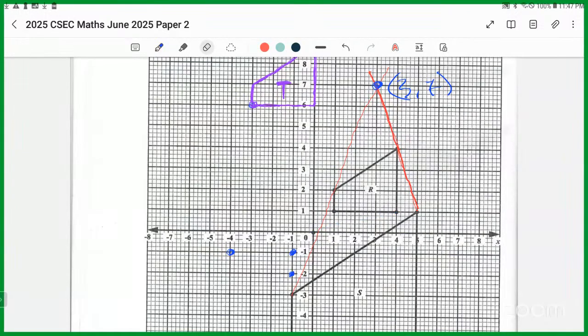Then this point comes through the origin like that, all the way down to here. Something is wrong.